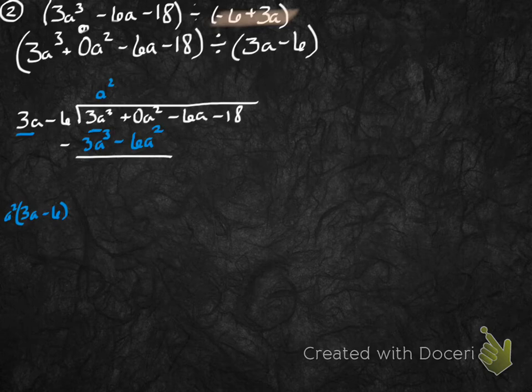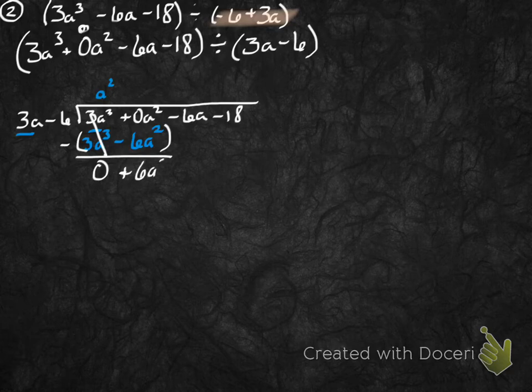I'm going to subtract. And so when I subtract, 3a cubed minus 3a cubed cancels out, giving me 0. And 0 minus a negative 6a squared gives me a positive 6a squared minus 6a.